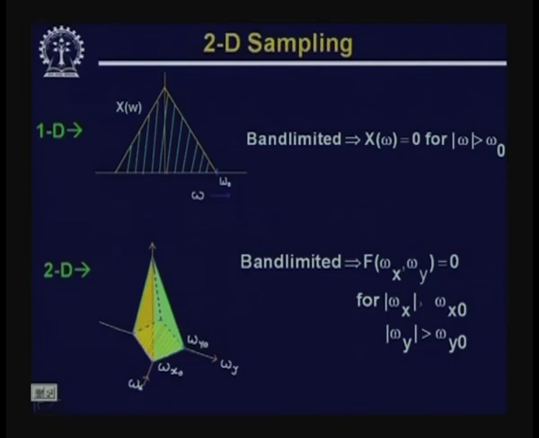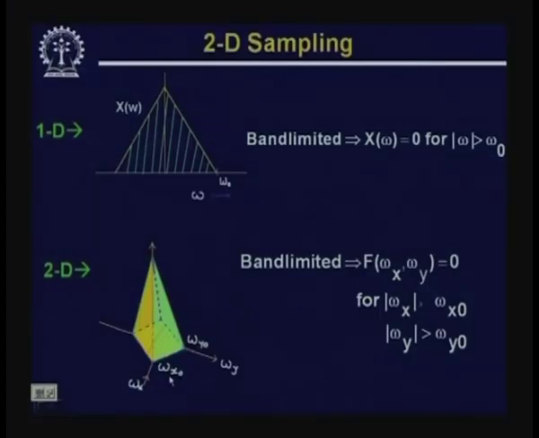This figure on the bottom left shows what the frequency spectrum of an image looks like. And here you find that the base of this frequency spectrum on the omega x, omega y plane is known as the region of support of the frequency spectrum of the image.